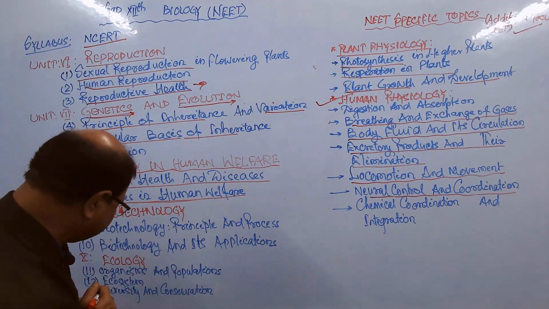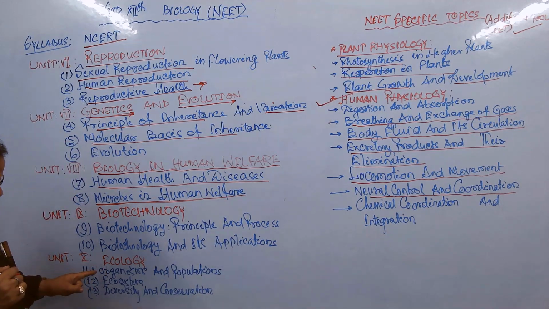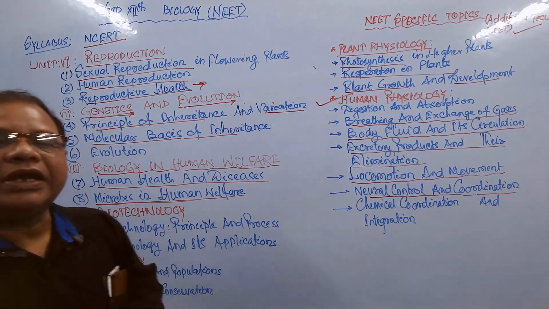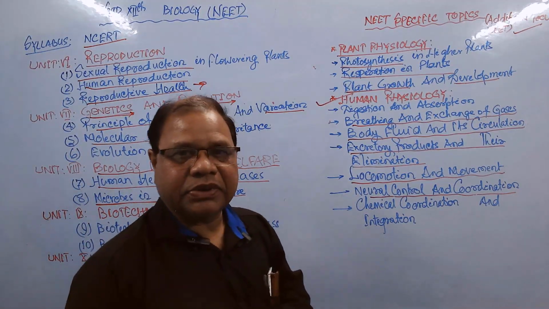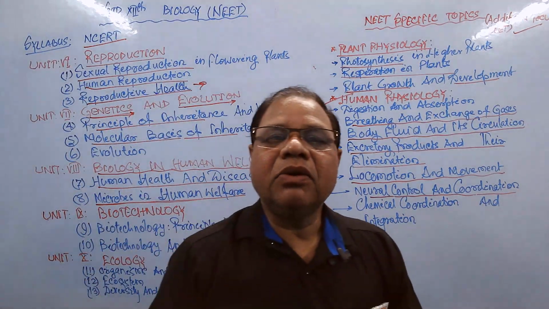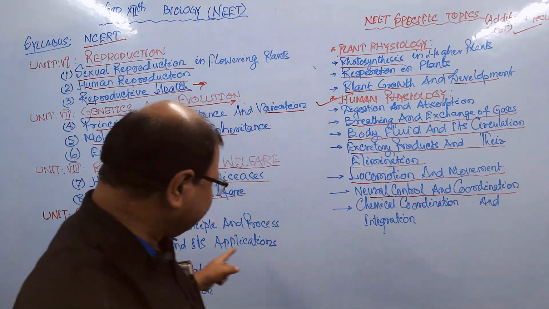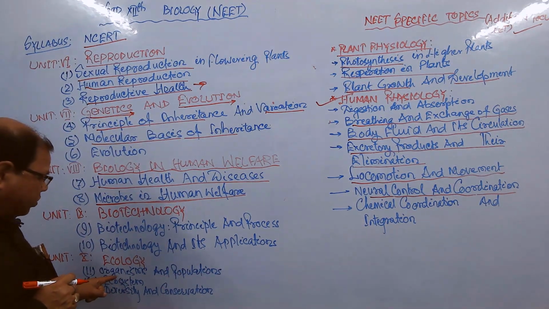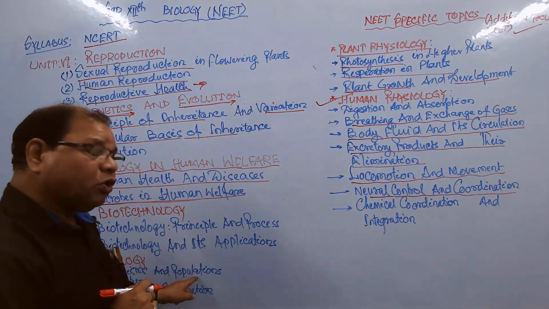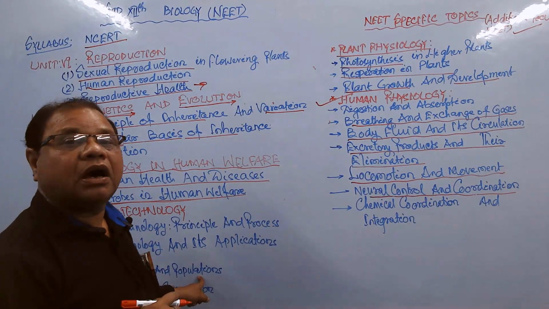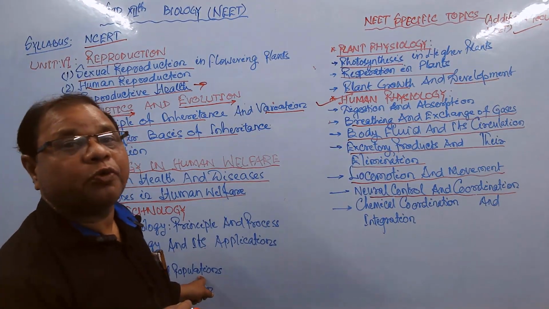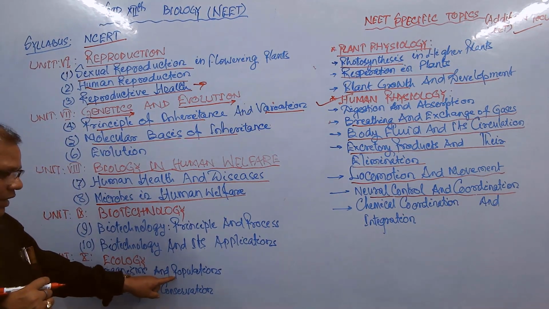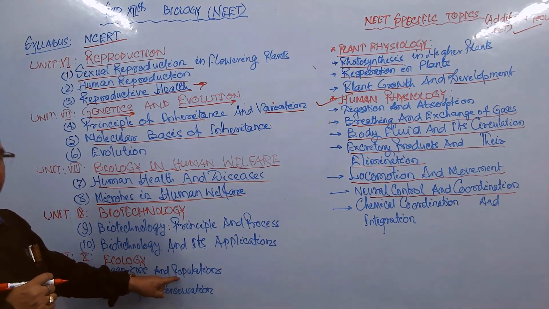Next point is ecology. Ecology means different types of land organisms, air organisms and water organisms. We will go through all three in the chapter on organisms and populations, in which we see how the population of organisms is counted in the world. We will study this topic with the help of graphs.